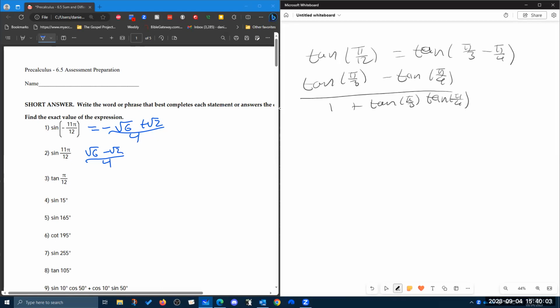Tangent of pi over 3 is root 3. Tangent of pi over 4 is 1. It's root 3 times 1. Negative 1 plus root 3 over 1 plus root 3. We need to rationalize this denominator by multiplying top and bottom by 1 minus root 3.